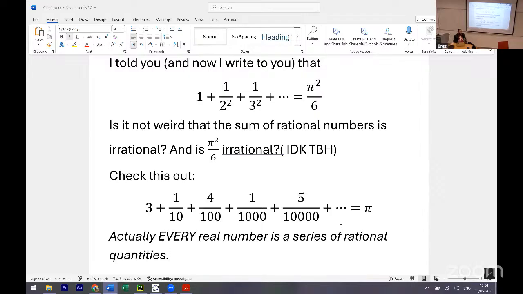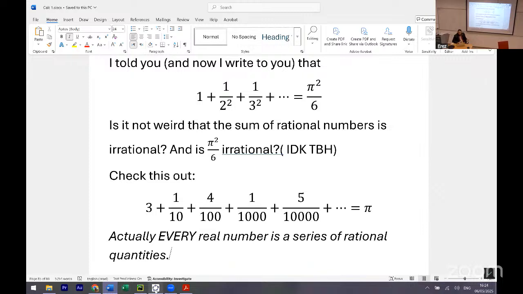That's the whole idea of the decimal system. Every number is a sum of quantities of 1 over a power of 10. It's a bit philosophical, but I think when you think about it like that, you're less surprised when you see all these different series converge to different things.